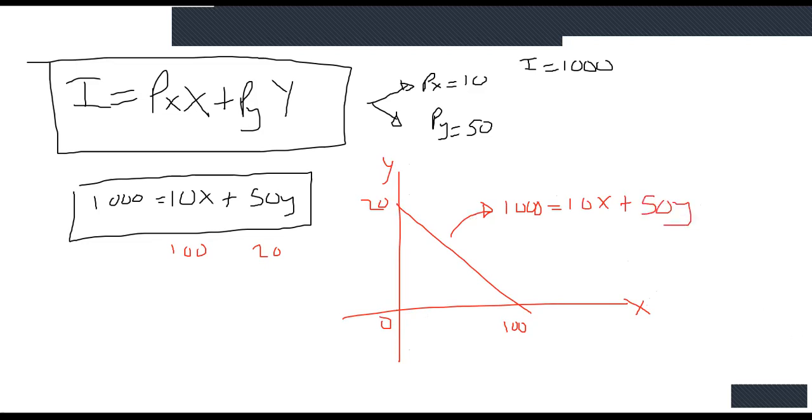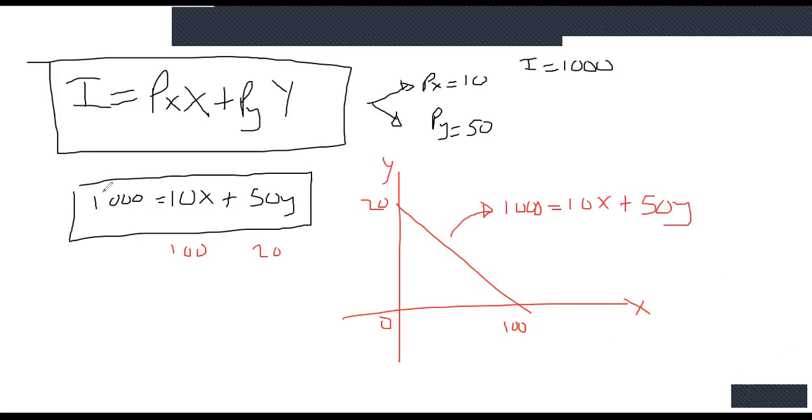Now we must understand that the behavior that emanates from the consumers is as follows. Suppose with the very budget line here, our income doubled to 2,000. The rest remained the same. Price of good X is 10, price of good Y is 50.